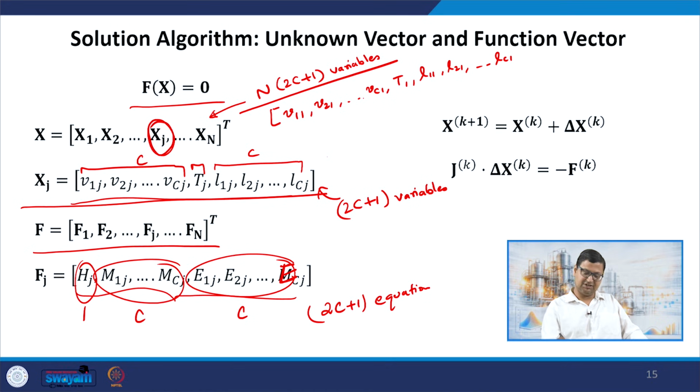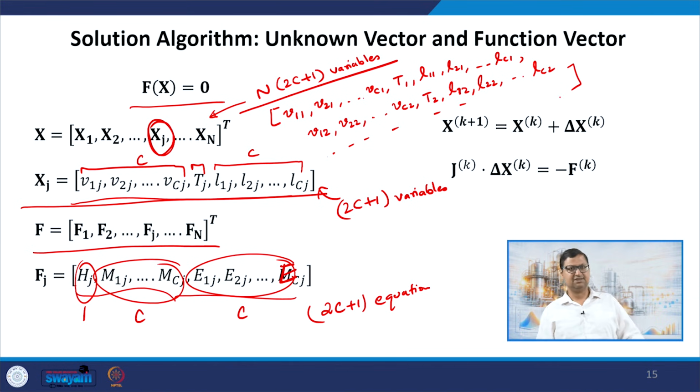That becomes my first block, and then I follow this up with the same thing for the second stage, and I keep on doing it for all the n stages. So, we have n blocks containing 2C plus 1 variables, and in total n into 2C plus 1 variables, but they are appearing in these n blocks.